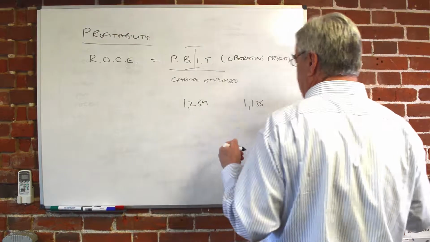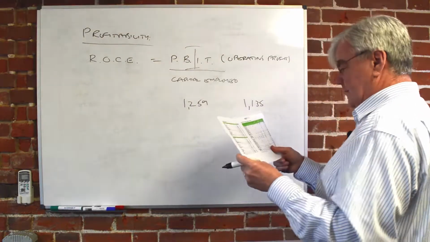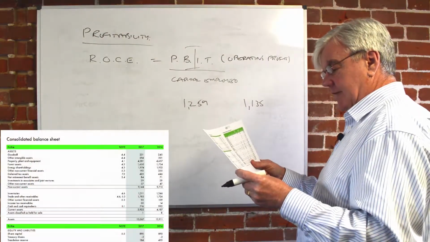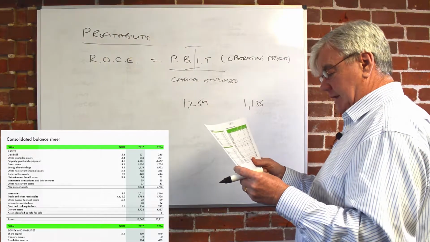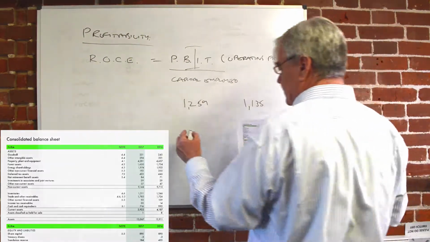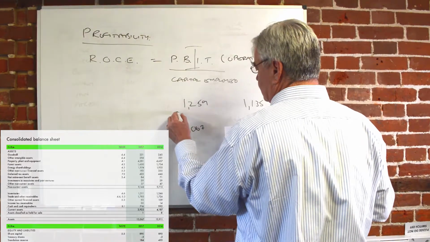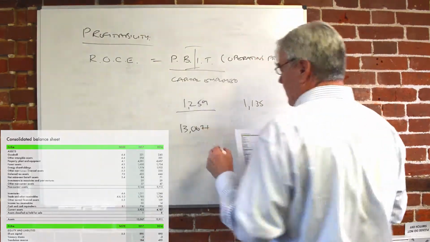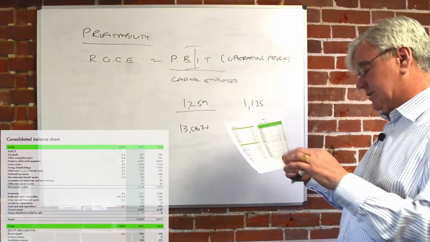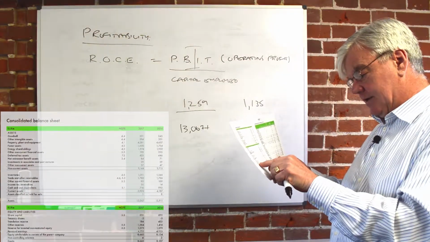So if we look at capital employed, let me just do it for speed's sake for 2016, you can see that I've got total assets of 13,067. Total assets. But of course, what I need to do is to take away my current liabilities.